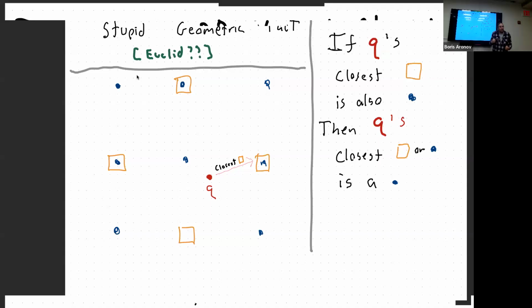But could Q's globally closest point be an orange that's not a blue? No, because of the if: if its closest orange is also a blue. So it's not a geometric statement, it's basic logic in some sense. That's why I realized it's not Euclid. Do you believe this? Yes. Okay.